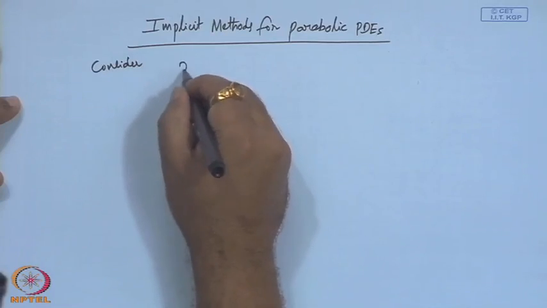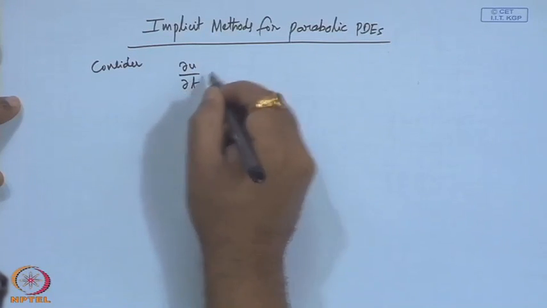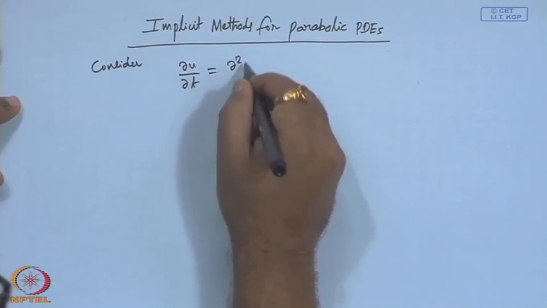Still we are considering the heat conduction equation. That is the reason I kept the title as implicit methods for parabolic PDEs. So, we consider the heat conduction equation.